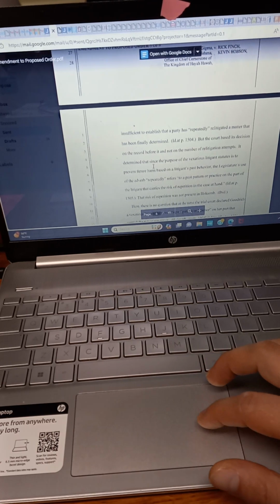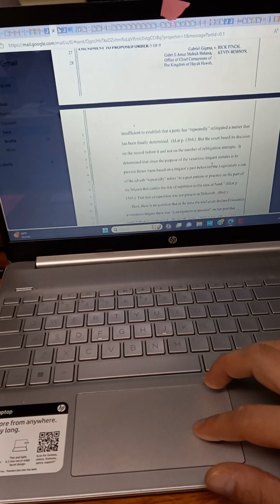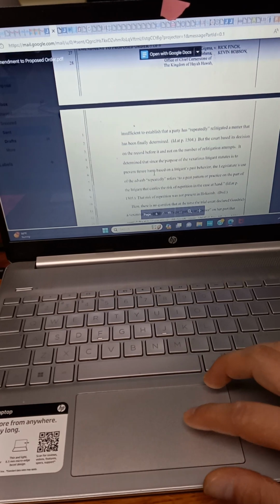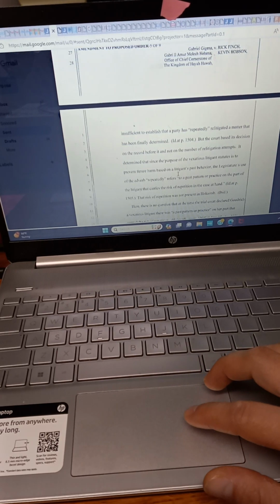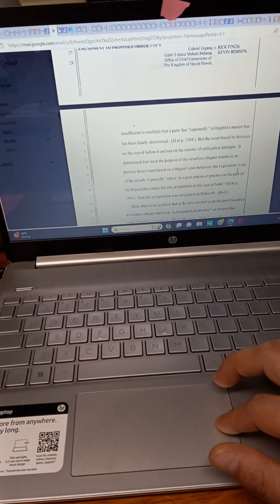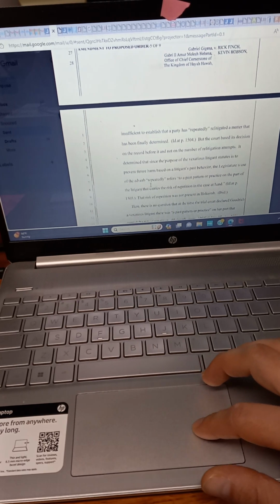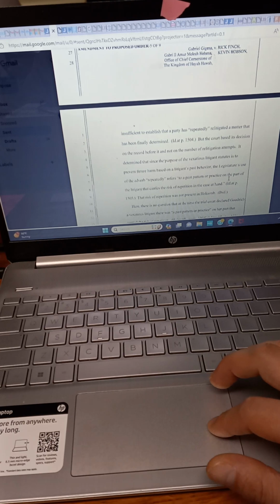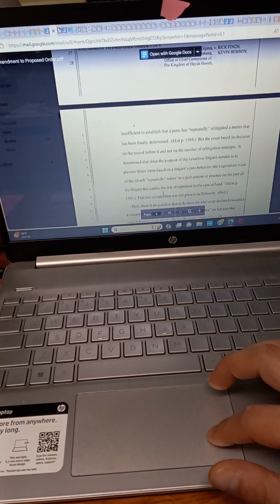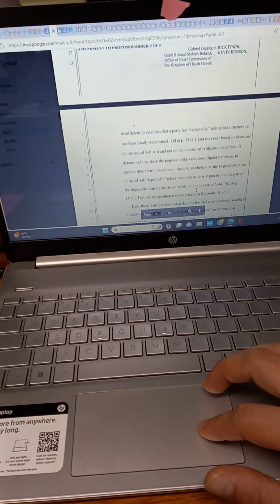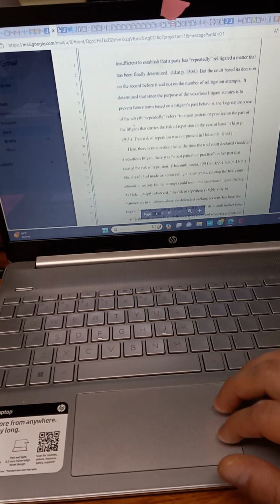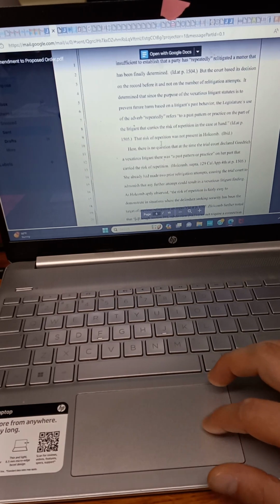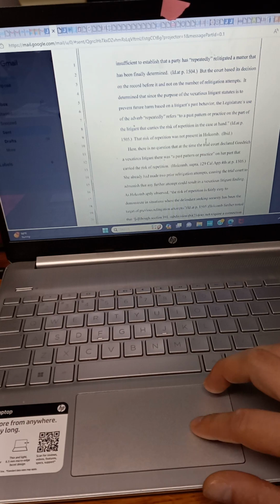It determined that since the purpose of the vexatious litigant statute is to prevent future harm based on a litigant's past behavior, the legislature's use of the adverb repeatedly refers to a past pattern or practice on the part of the litigant that carries the risk of repetition in the case at hand. That risk of repetition was not present in Holcomb.